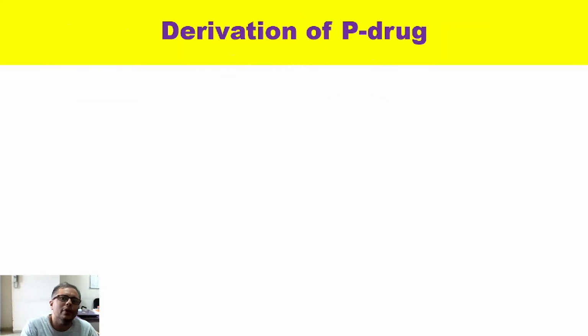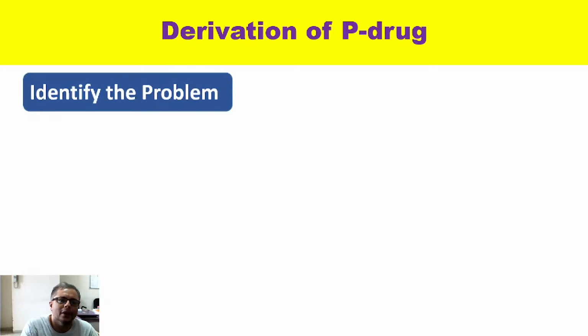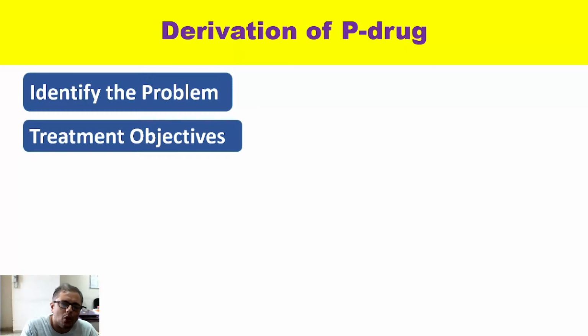Now, how will you derive the P drug? The WHO has given the steps for the selection of the P drug. First and foremost step is to identify the problem or mention the diagnosis. Then, depending on the problem, what are your treatment objectives? For example, symptomatic relief, or to cure the disease, or both, prevention of recurrence, prevent the development of complications, and so on.